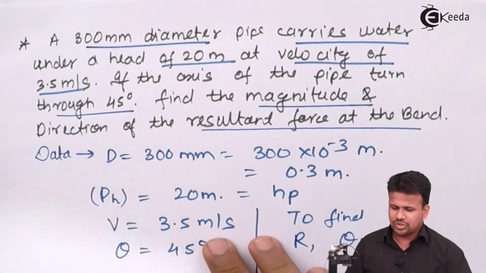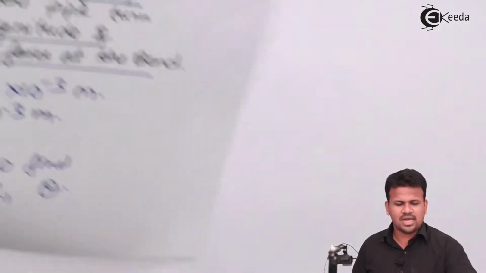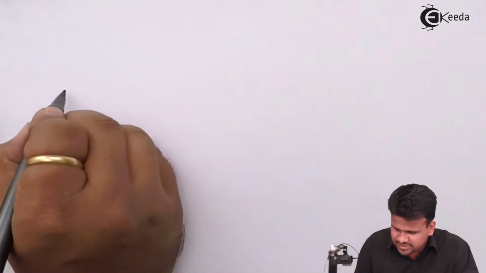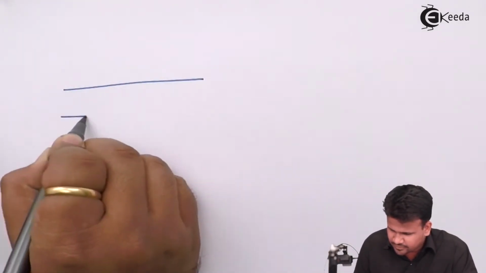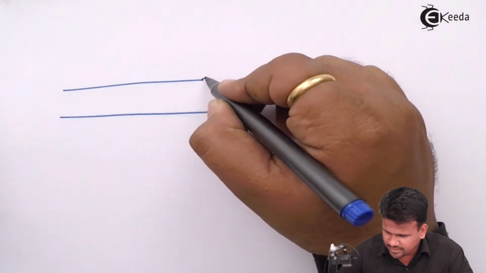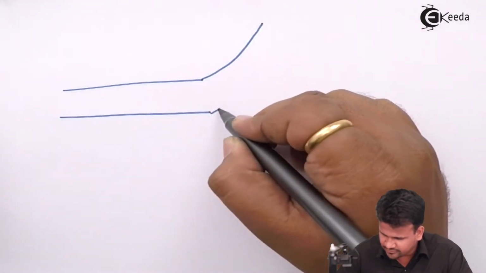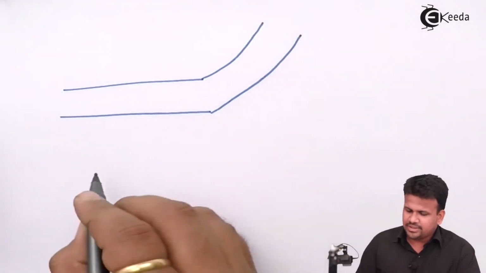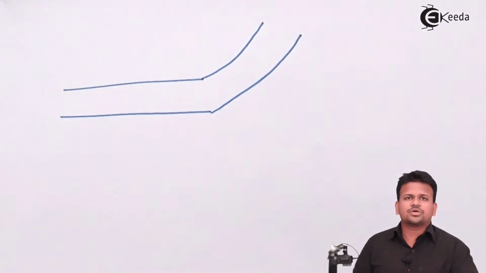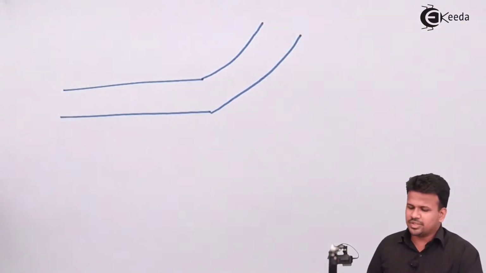So now let us draw the diagram of the bend, which is bent at an angle of 45 degrees. If this is the inlet of the pipe, it is bent at an angle of 45 degrees, but note that this is not a converging or a diverging bend, this is a constant diameter bend.